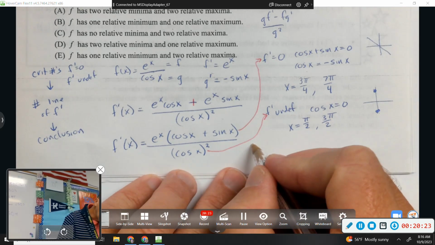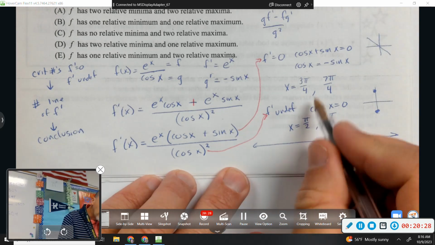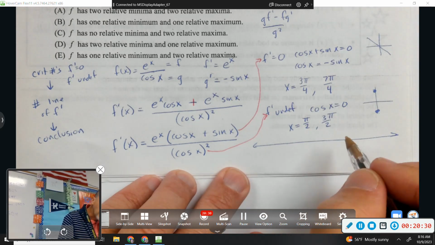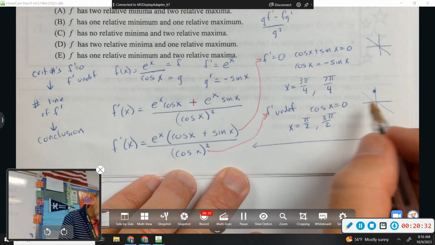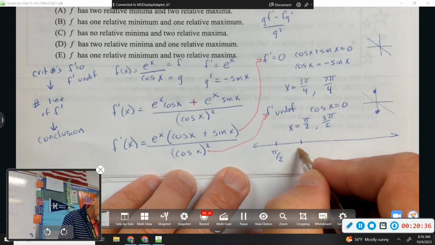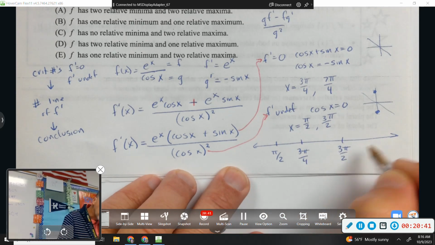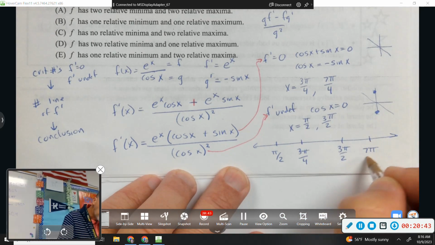So, lovely number line I've got going here. Got to put all those on there, preferably in the right places, right? Maybe it helps to see them on the circle. So pi over 2, 3 pi over 4, 3 pi over 2, and 7 pi over 4.